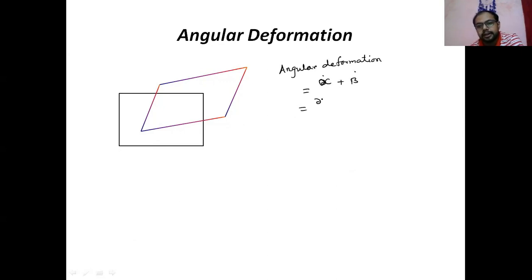So alpha dot is del V del X, plus del U del Y. No doubt about it. In the same way, if I write U as U1, V as U2, and X as X1, and Y as X2.